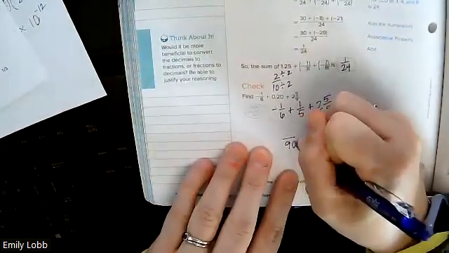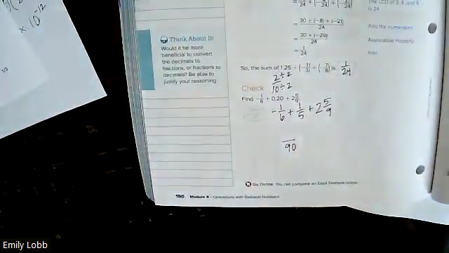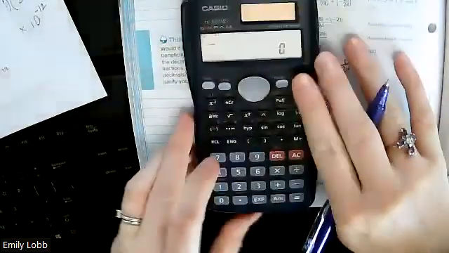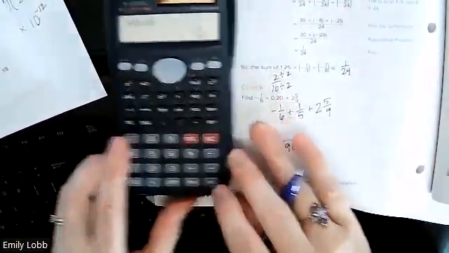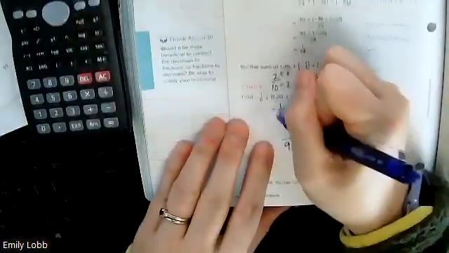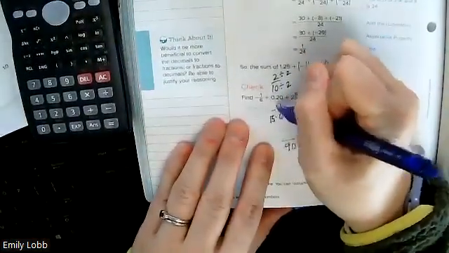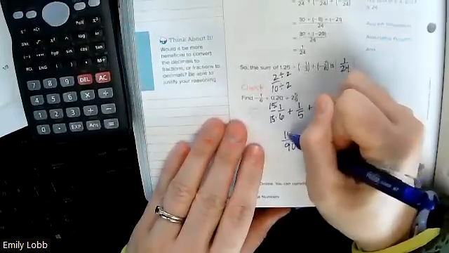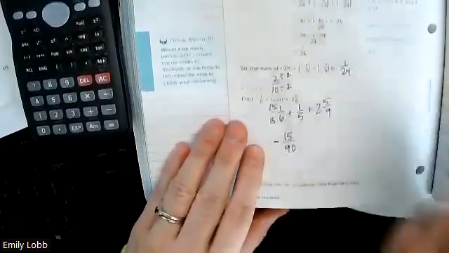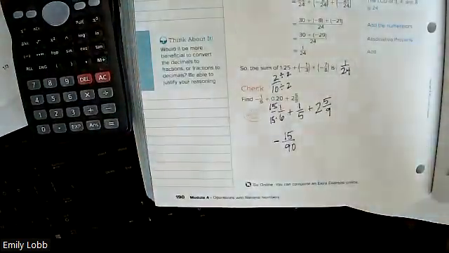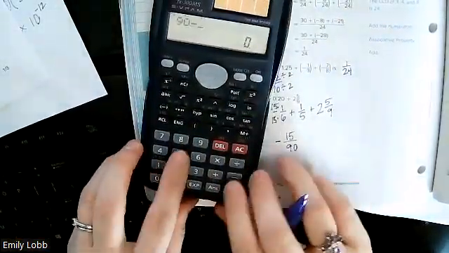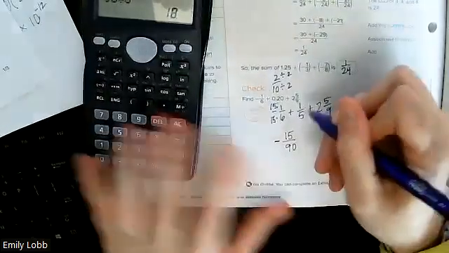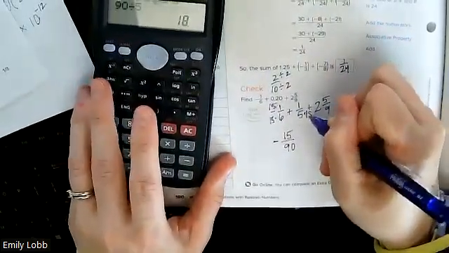All right, 6 times what is 90? If you're not sure, say 90 divided by 6, 15. So 1 times 15 is just 15, and this is negative. I am 90 divided by 5. So 18 times 5.